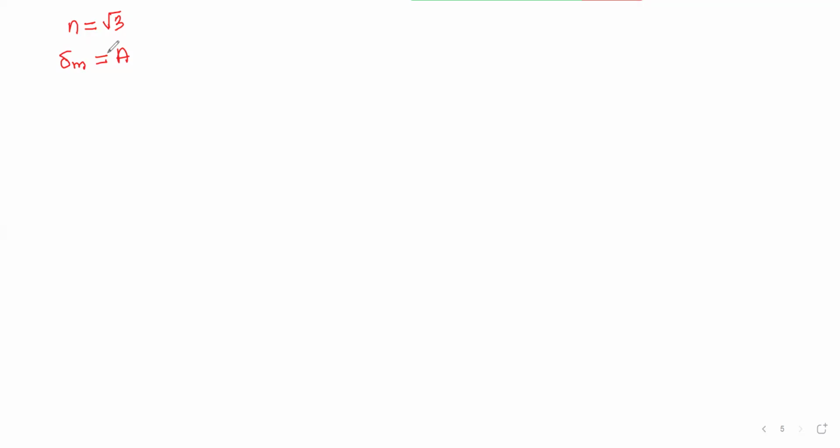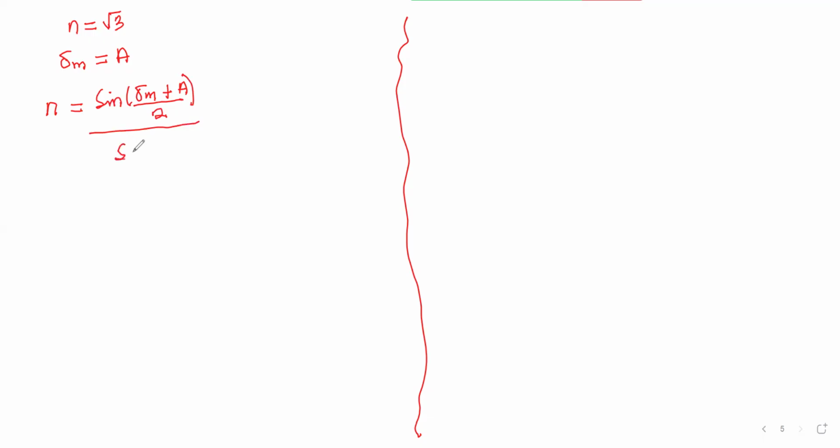And note that we are at a condition known as minimum deviation. And at the minimum deviation, the refractive index is equal to sine of minimum deviation plus A, all divided by 2, close the bracket, also divided by sine of A over 2.